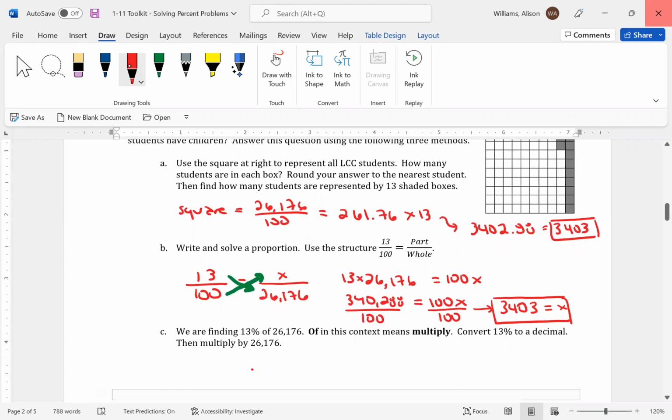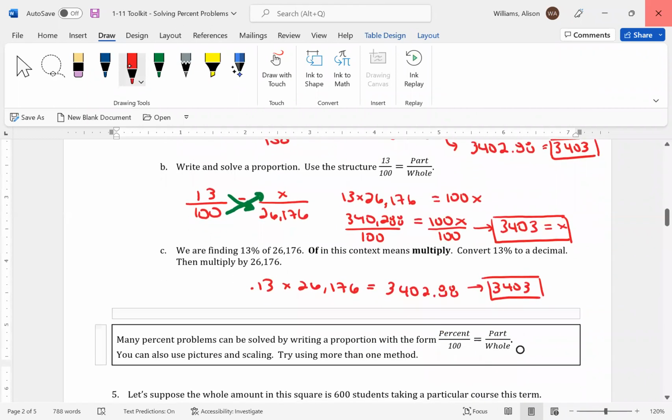So converting 13% to a decimal is 0.13. And then timesing that by 26,176, I get 3,402.88, or of course, I'm just going to round that to 3,403. So there are three different approaches to the problem.